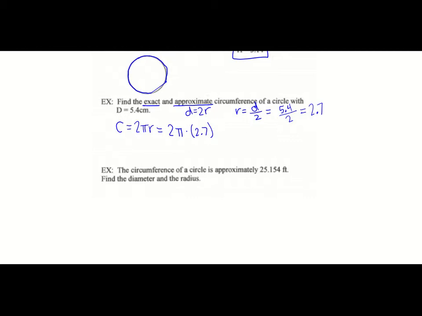So all I need to do to find the exact answer is multiply my 2 times my 2.7, which gives me 5.4 pi. This right here is my exact circumference. It is 5.4 pi.